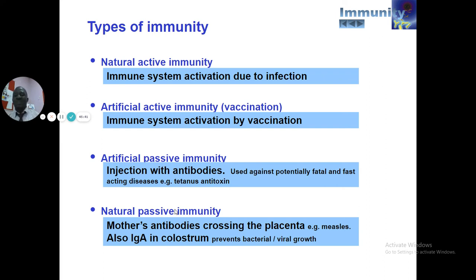And with artificial passive, this is injecting you against a disease which is killing you. You get treated, but it will not produce memory cells. So that is artificial injection.